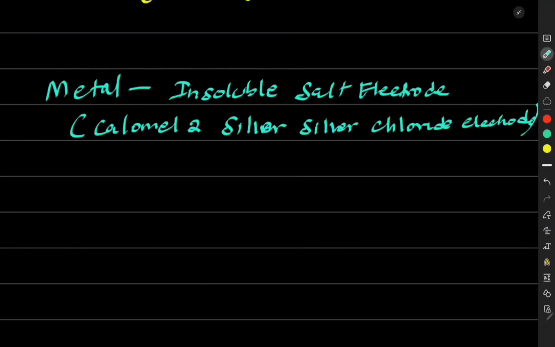What is a metal insoluble salt electrode? If a metal is in contact with a solid salt of the same metal, such electrodes are called metal insoluble salt electrodes.